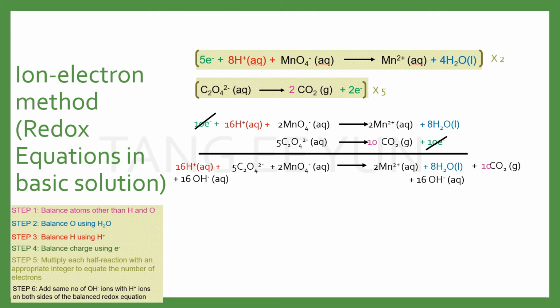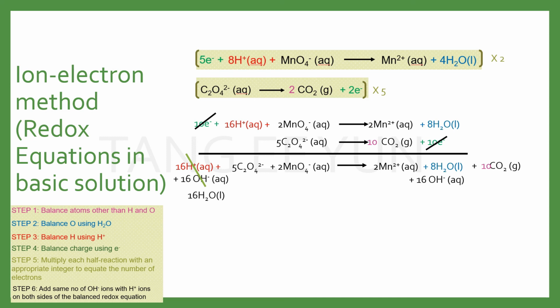We must remember that 1 mole of hydrogen ion plus 1 mole of hydroxide ion gives you 1 mole of water. So on the reactant side, we now have 16 moles of hydroxide ion and 16 moles of hydrogen ion, which will give us 16 moles of water. Now, can you see that water appears on both the reactant and the product sides?